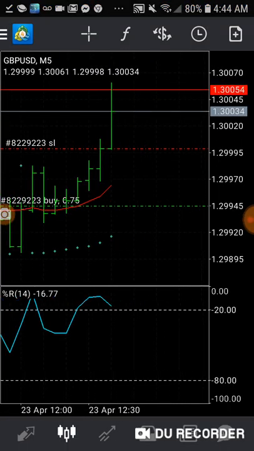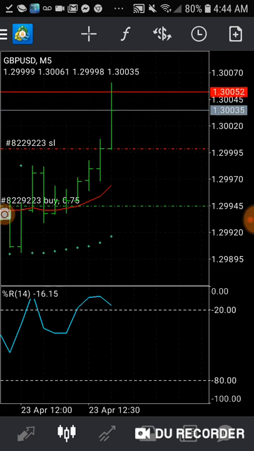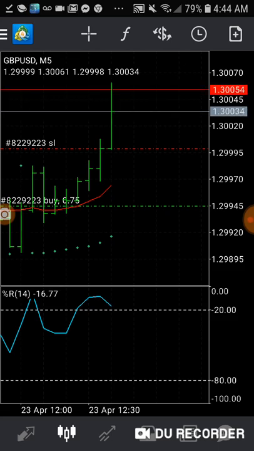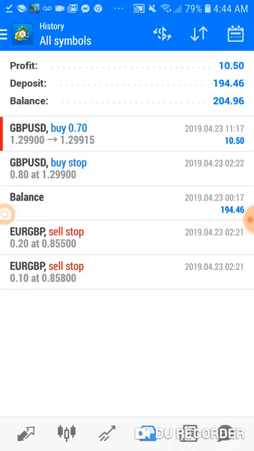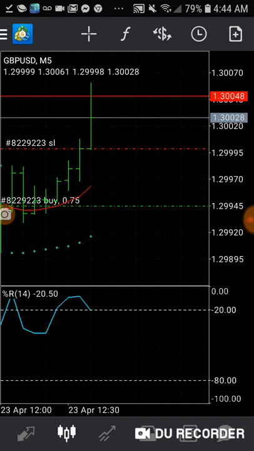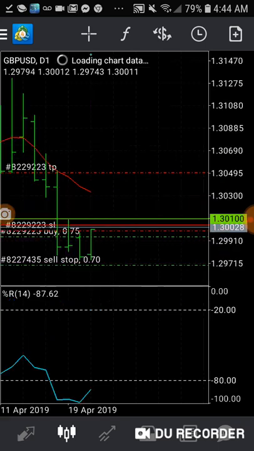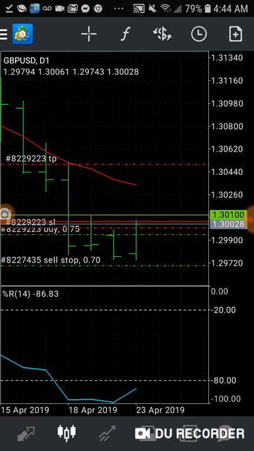We'll set it right there, and we'll see where we're at. And we have our take profit set for way out here. Let's see, our take profit on daily. Yes, we have our take profit set at 130.50, and we're at 129.9 for our stop loss, and so yeah, we're good. So we're just gonna let this trade play itself out one way or another and see what happens now.